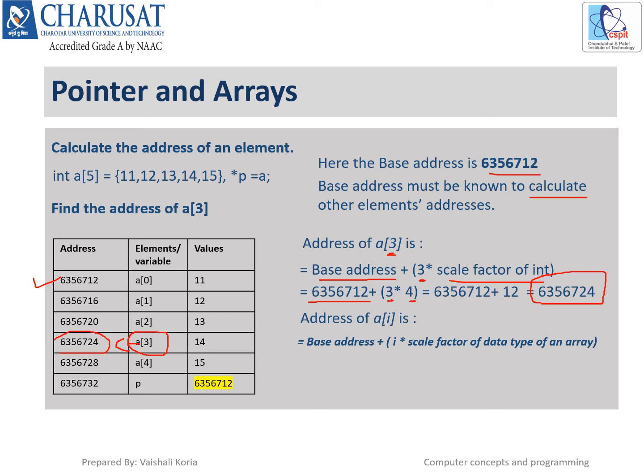If we generalize this equation from this example, the address of array element A of I is base address plus the index I into the scale factor of the data type of the array. If the integer is taking 2 bytes, you can write 2 here. If the data type of the array is float, then you can write 4, and if it is character, then you can write 1.